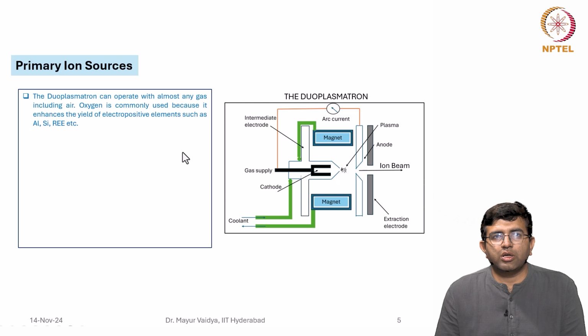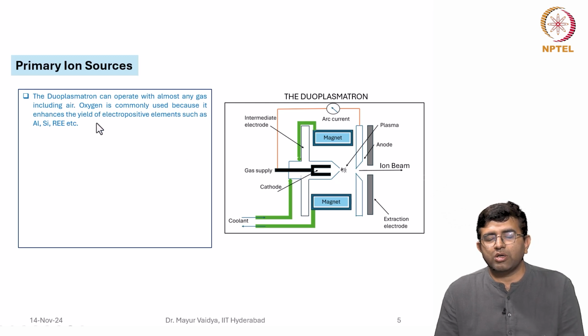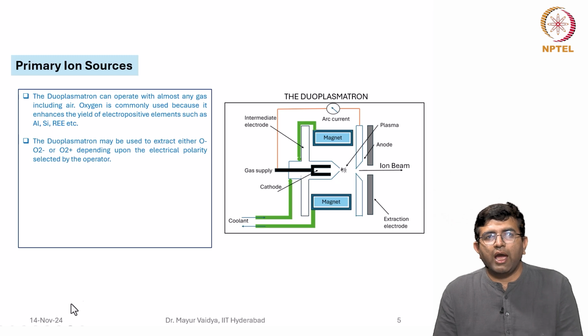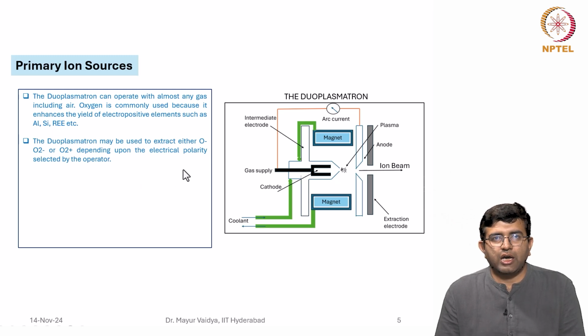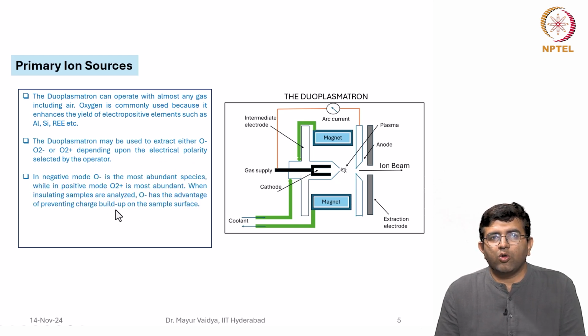As explained here, oxygen is commonly used because it enhances the yield of electropositive elements such as aluminum, silicon, and rare earth elements. It may be used to extract either O minus, O2 minus, or O2 plus depending upon the electrical polarity selected by the operator. O minus is the abundant species in the negative mode, and O2 plus is abundant in the positive mode.